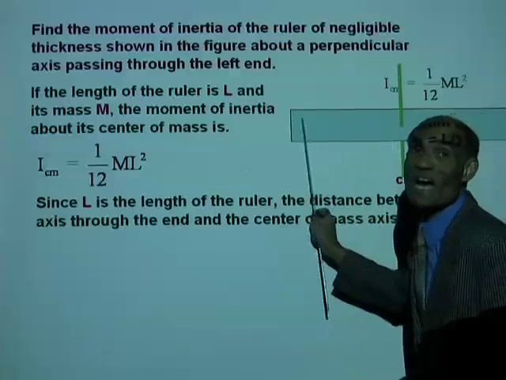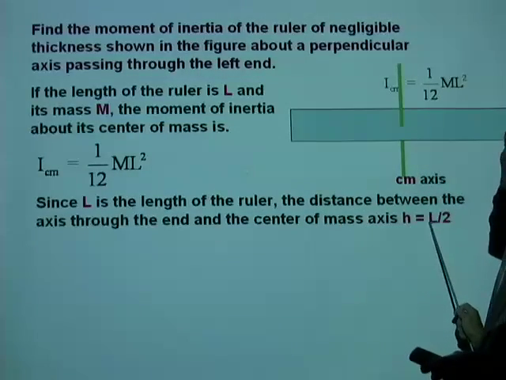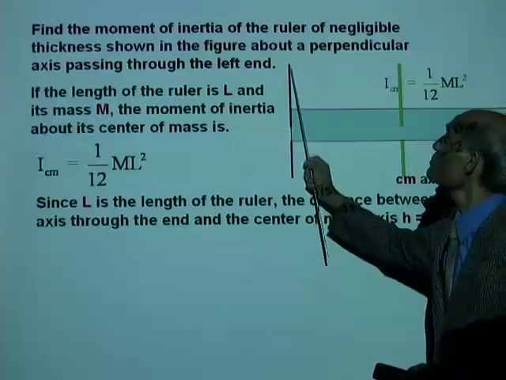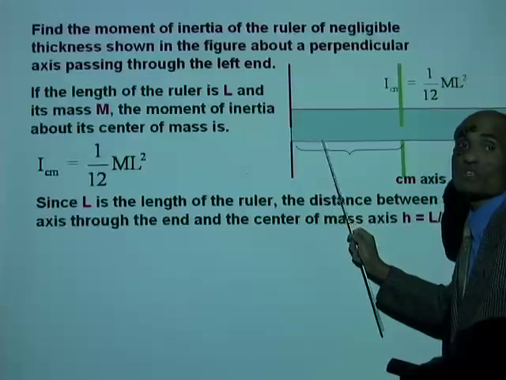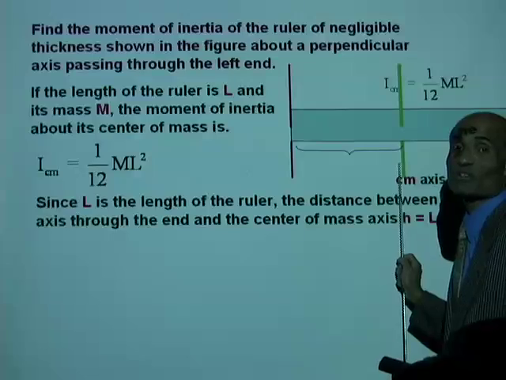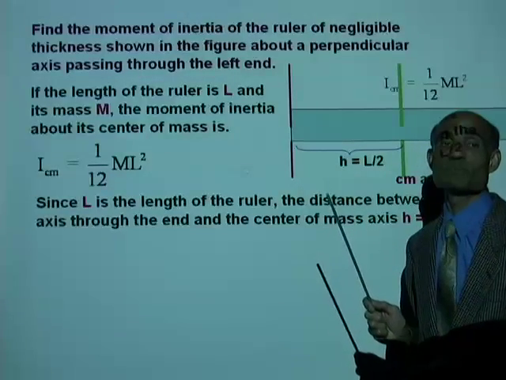It will be half of the whole length. So h equals L over 2. So this is the new axis, and for that new axis, this is h, the perpendicular distance between the two axes. And that h equals L over 2.